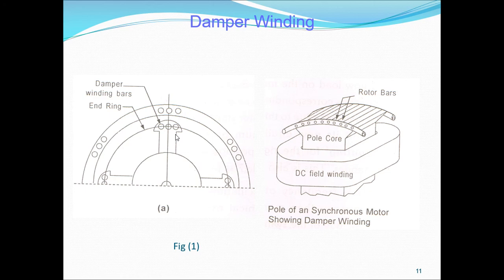If you practice this figure once, the same figure we can draw for prevention of hunting and for starting methods also. In starting methods, we have the method by using damper winding, and then we have to draw the same figure.